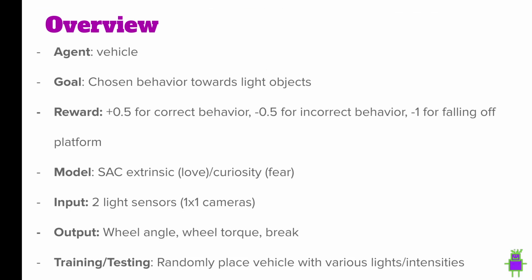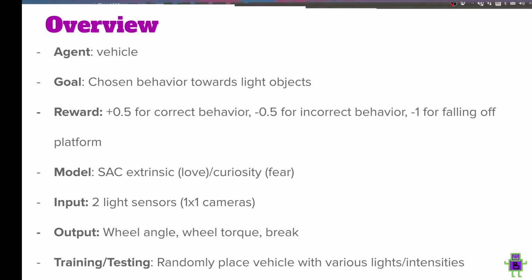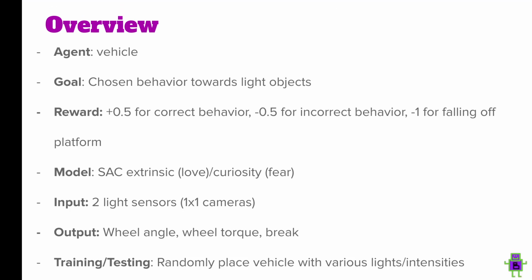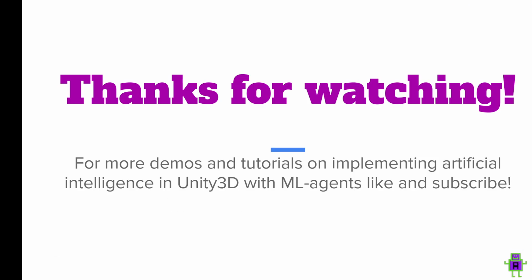The testing that we ended up using was randomly placing the vehicle with various lights and intensities in the scene. What we saw was this complex behavior emerging. We saw circle patterns emerge in the case of the love vehicle, and we saw this kind of jittering effect happen in the fear vehicle.